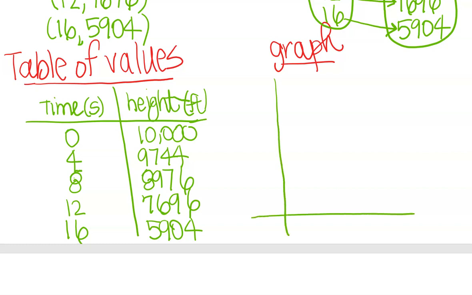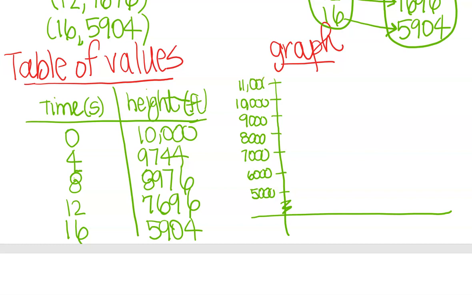Now use graph paper, don't just hand draw it like this one. Since the height starts at 5,904, I'm going to put a break in the graph and we're going to go with 5,000 and go up by 1,000s. Okay, now we'll go with the time.